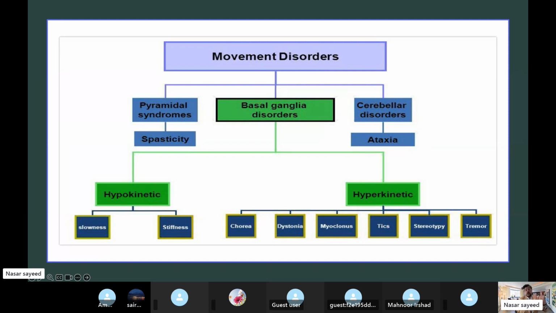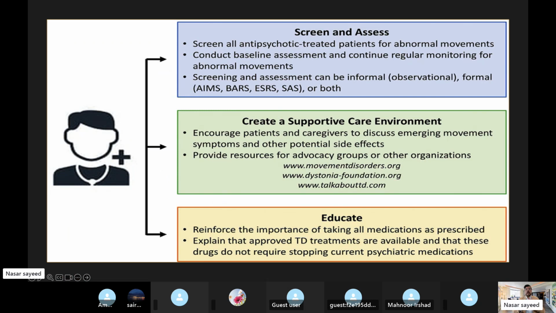So remember, basal ganglia leads to two different kinds of movement disorders, hyper or hypo. Hypo is stiffness and slowness, and hyper is chorea, dystonia, myoclonus, tics, stereotypy, or tremor. Clear?